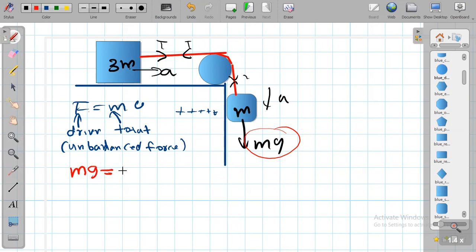What is the mass together? 4m. Why? M from here, 3m from here, all together 4m a. M and m cancel, so the acceleration is g over 4. I explained that again for one last time.